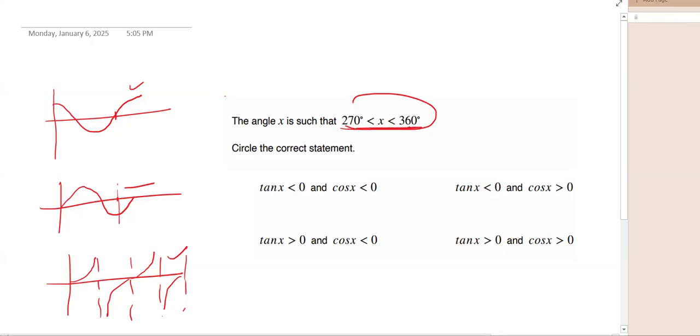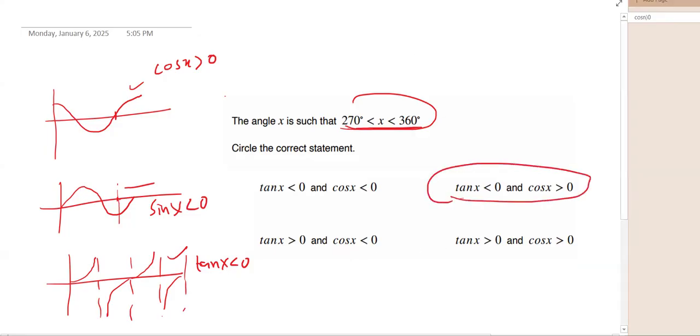So from 270 to 360, cos is clearly positive. Sine is negative from 270 to 360 because it is less than 0, so sine x is less than 0. And tangent x is also less than 0. So which option is correct here? Tangent x is negative and cos is positive.